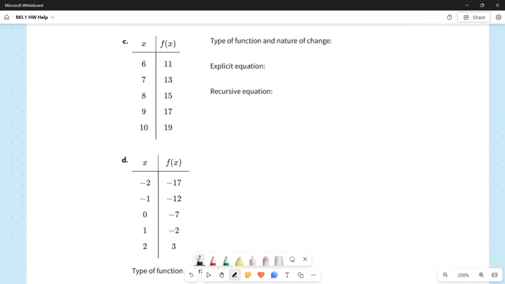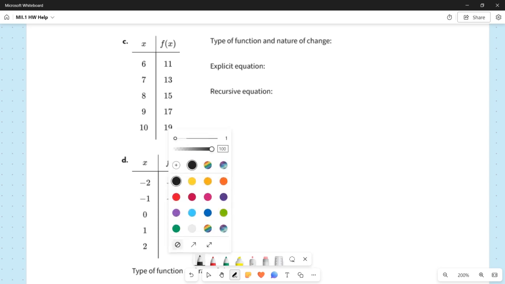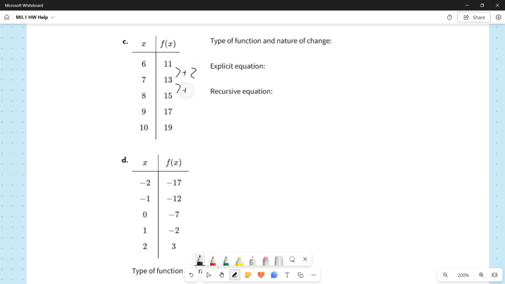Next question was 9c. So again, we want to figure out what type of function this is, and in order to do that, it's a good idea to look at the first difference. So 11 to 13, we add 2, 13 to 15, we add 2, 15 to 17, we add 2, 17 to 19, we add 2.